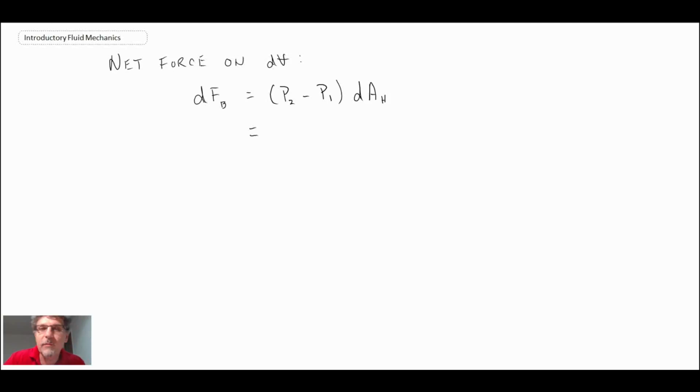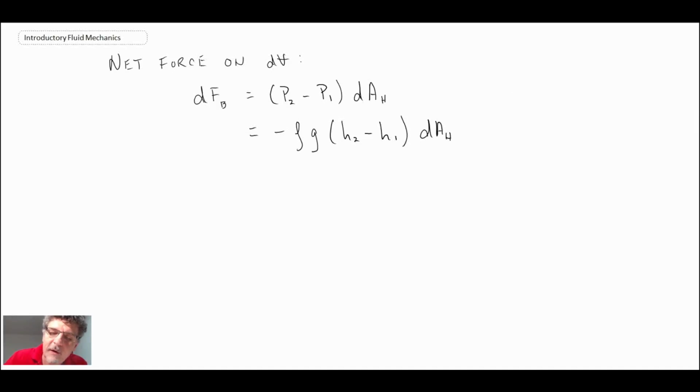And this is where we can bring in our hydrostatic relationship, and rewrite it in terms of depth instead of pressures. The fluid is consistent in the system, so the density is the same. If you recall our hydrostatic relationship, we have P2 minus P1, therefore we have H2 minus H1, multiplied by this differential area dA.